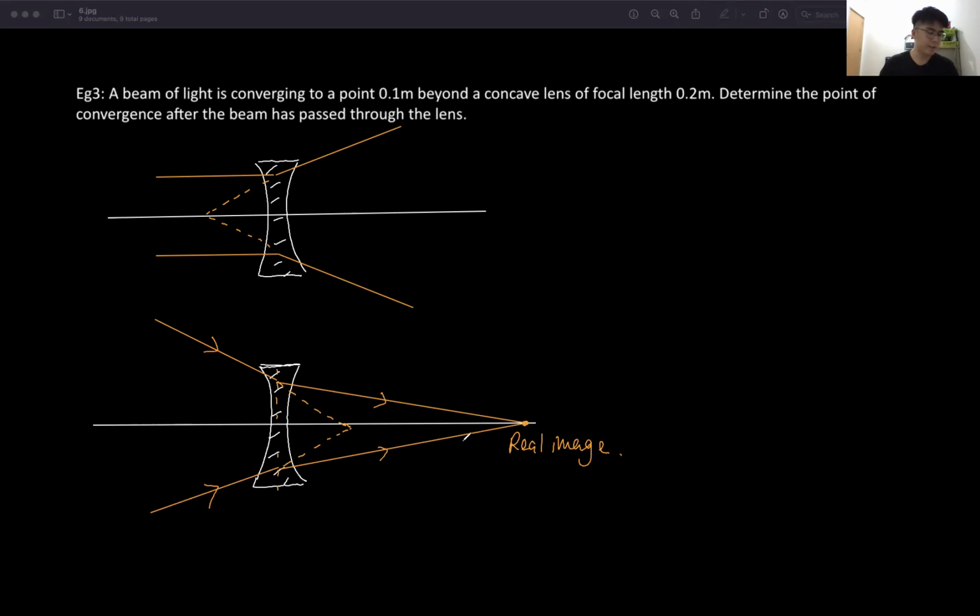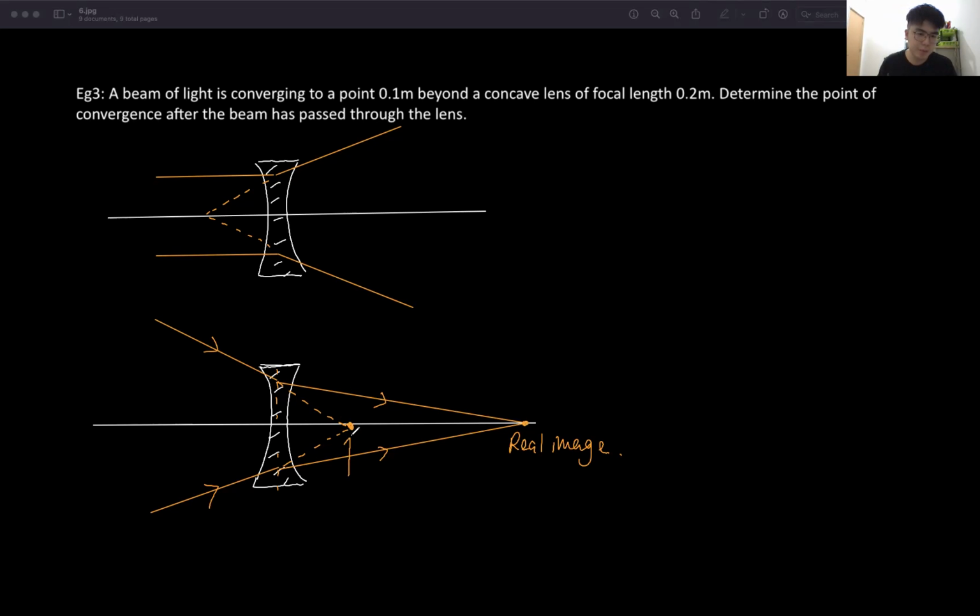Now, we know that for an image to form, there must be an object, right? But where is our object here? We cannot find where the object is, but we regard the point that the two light rays are directed towards as our object.